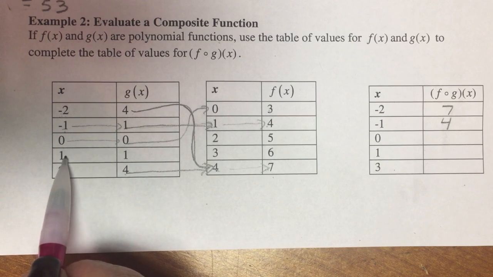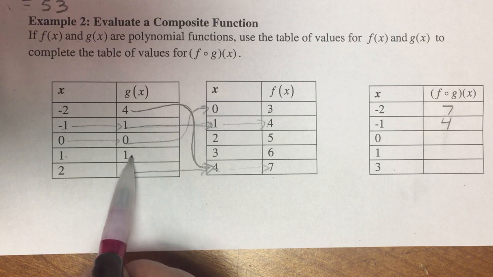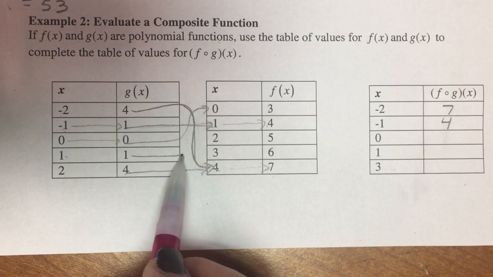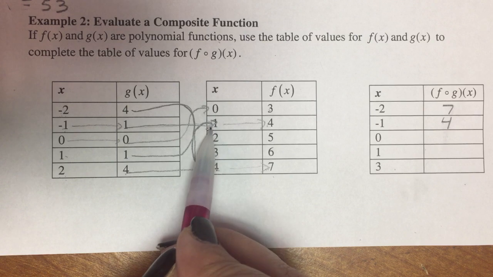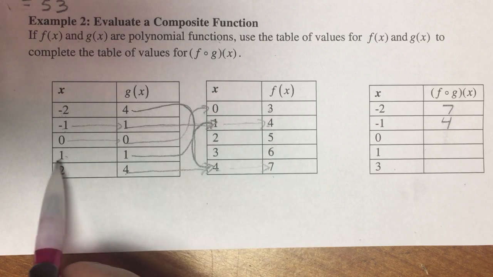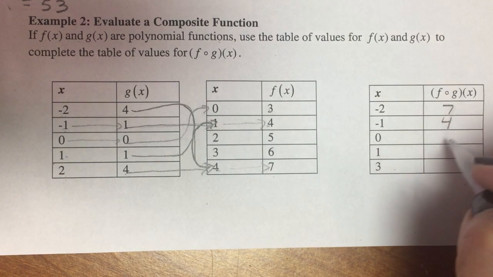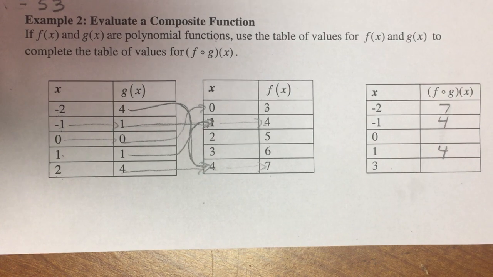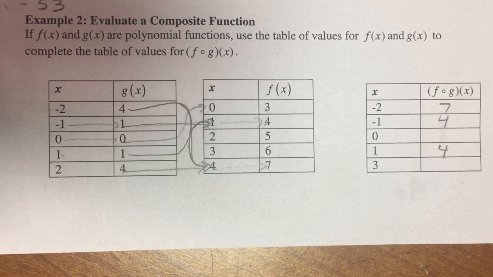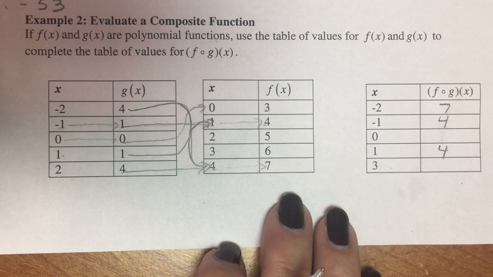If I take 1, plug it into G, I get 1. Plug that 1 into F, I end up with 4. So a 1 at the beginning ends me with a 4. So that's how you do that. It's kind of a visual of what's going on.